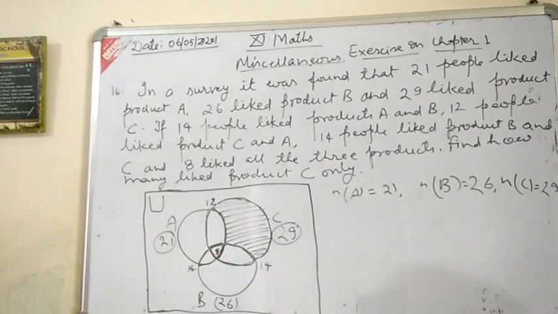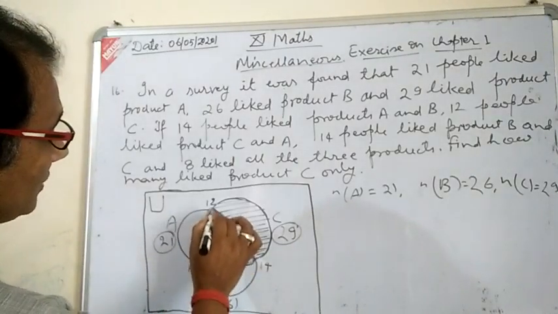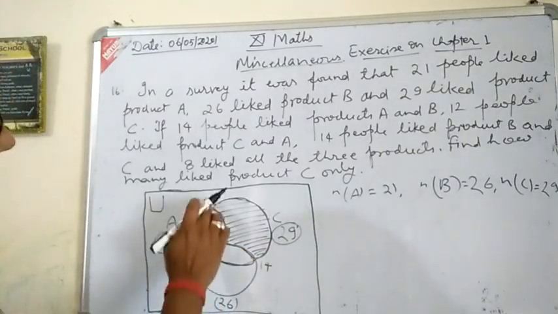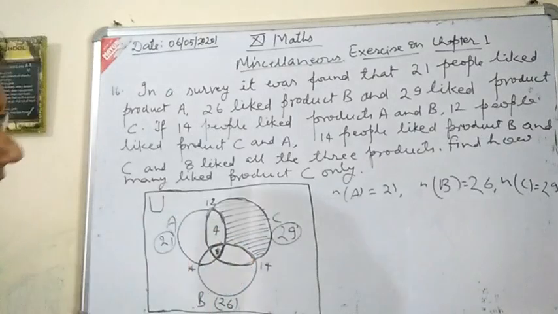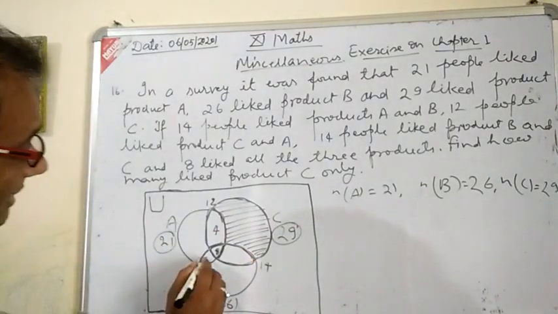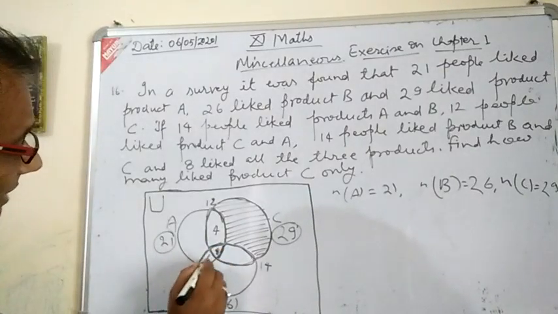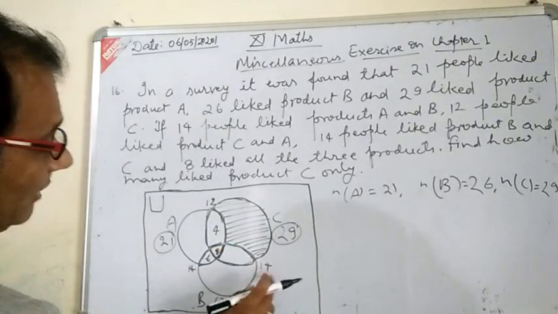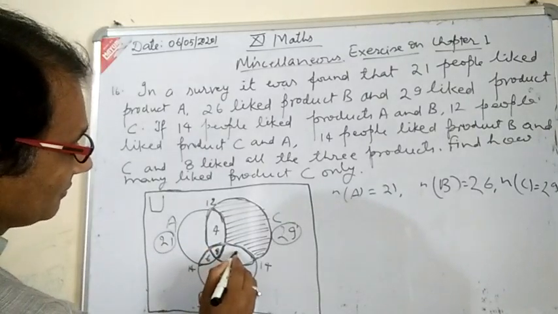Now we have to find the value of the other portions. This whole portion is 12, this is 8, so 12 minus 8 will be equal to 4. This portion will be 14 minus 8, that is 6. This total is 14, this is 8, 14 minus 8, 6. This is also 14, and 14 minus 8, this portion also will show 6.